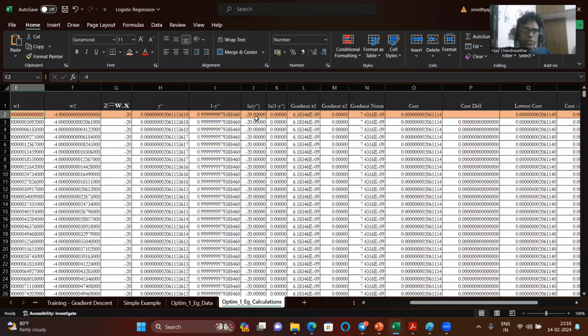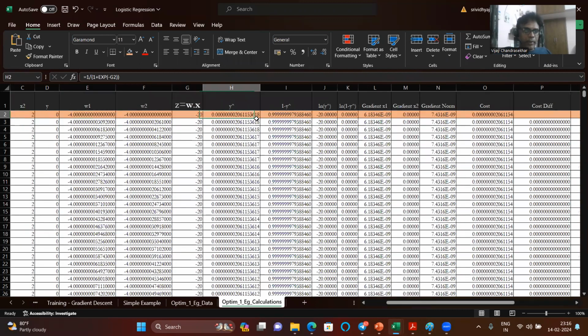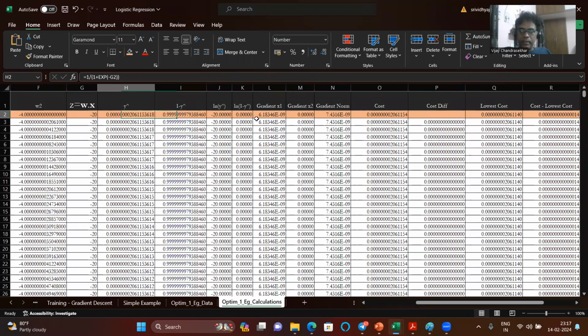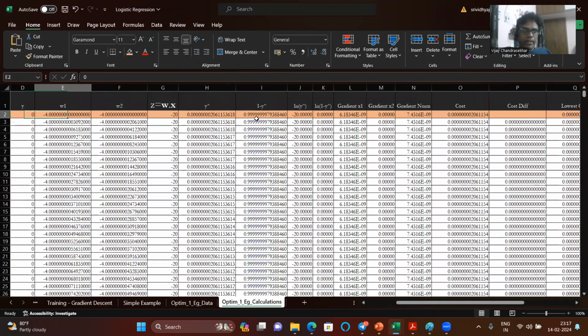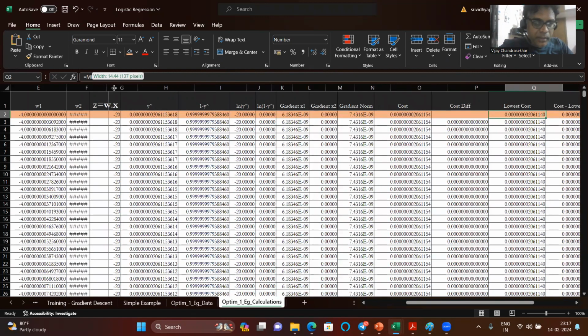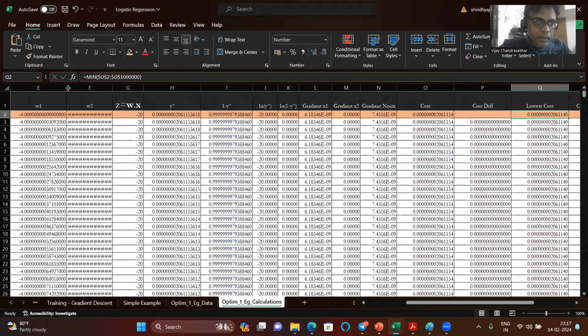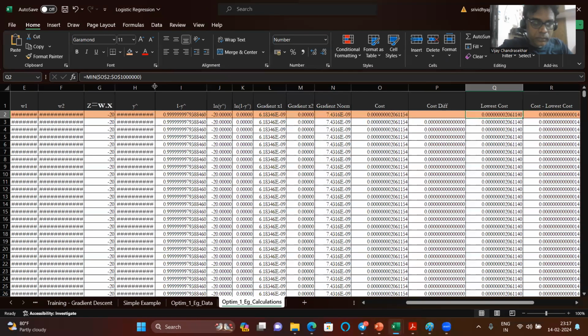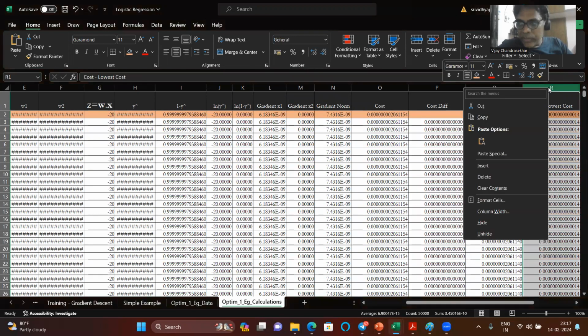So here is the original W1, and there is a learning rate. Let me remove cost minus lowest cost.